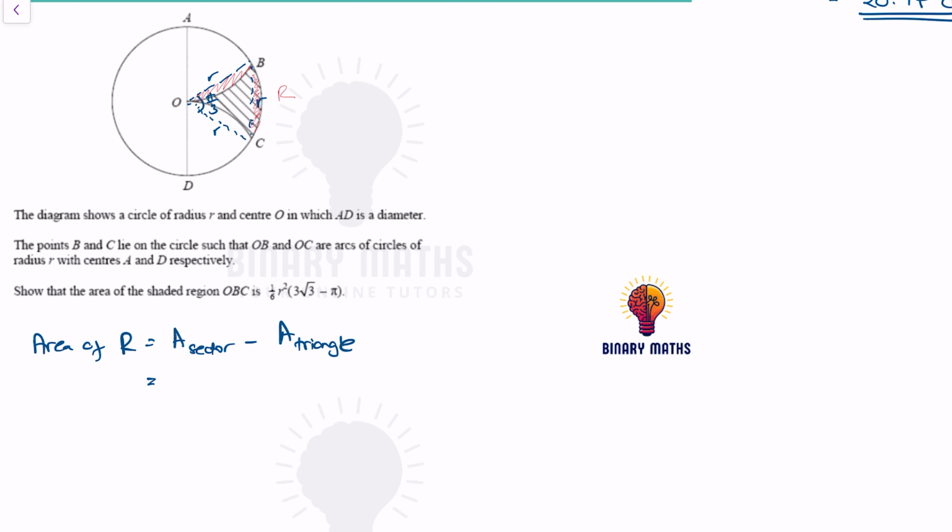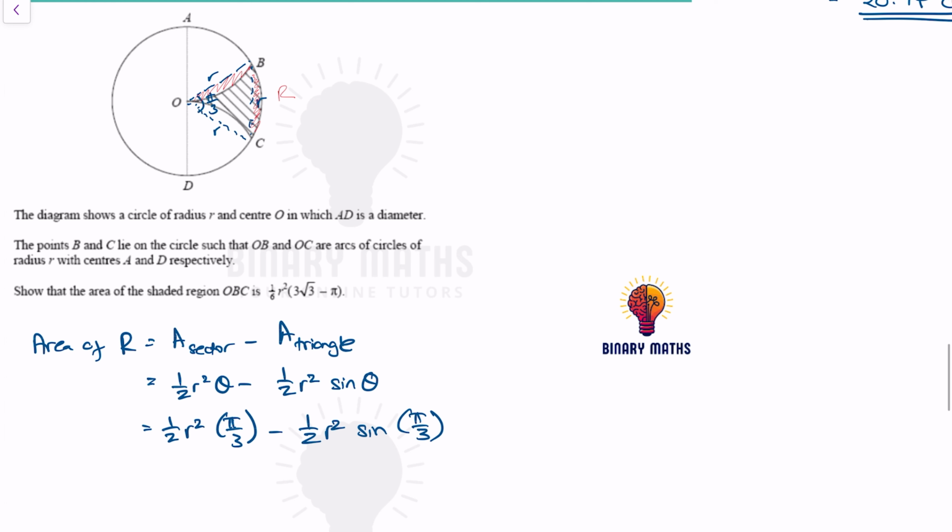Now, area of sector is half r squared theta, take away half r squared sine theta. Theta in this case is pi over 3, because remember we said it's an equilateral triangle, so it's 60 degrees. So that must mean it's pi over 3 in radians. Minus half r squared sine of pi over 3.